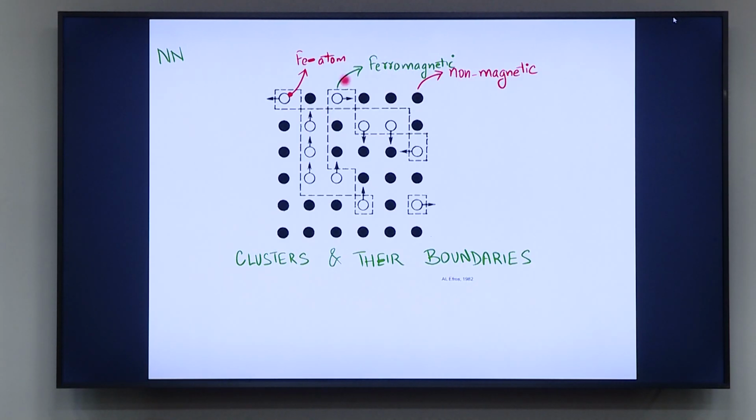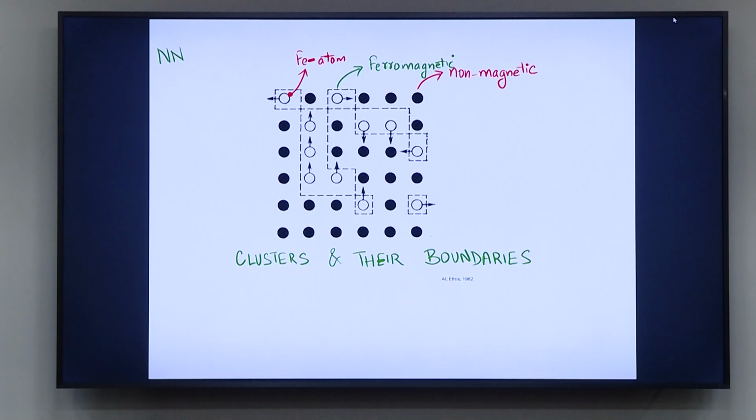And here we can see the idea of what is a cluster. This is a cluster of ferromagnetic atoms. It has 1, 2, 3, 4 such ferromagnetic atoms. This is a cluster of 2 and a cluster of 1 are also shown here.